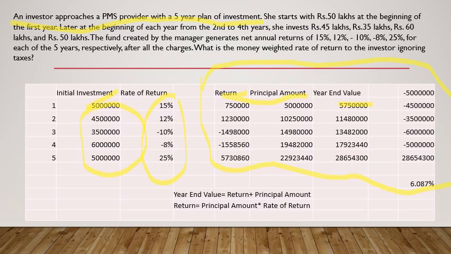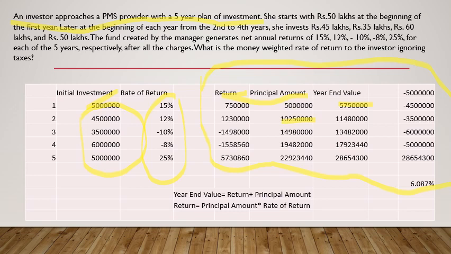Now in the next year, as we know that the investment is made at the beginning of the year, this year end value plus 45 lakhs, which we have to add, gives the principal amount on which the investment return will be generated in the second year. Now on this amount you have 12% as the return.